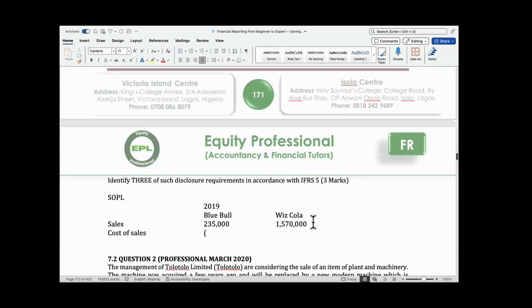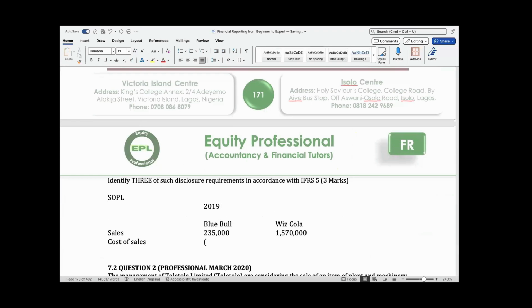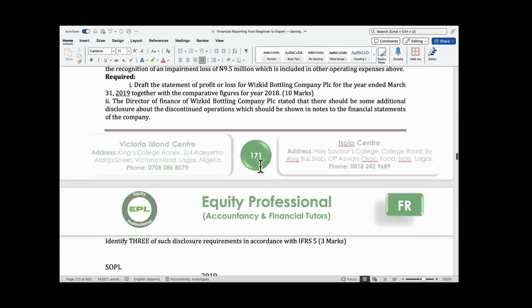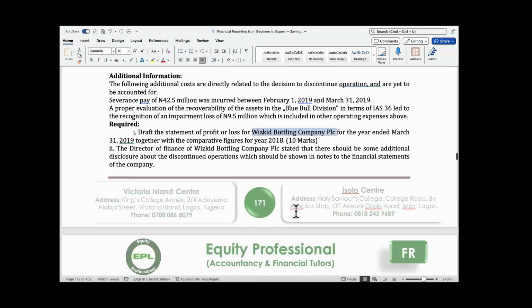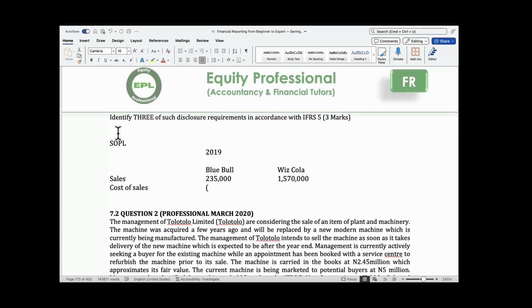Oh, is this even a mistake? I don't have to prepare for the two companies. I'm preparing for the whiskey bottling company, 2019, 2018.